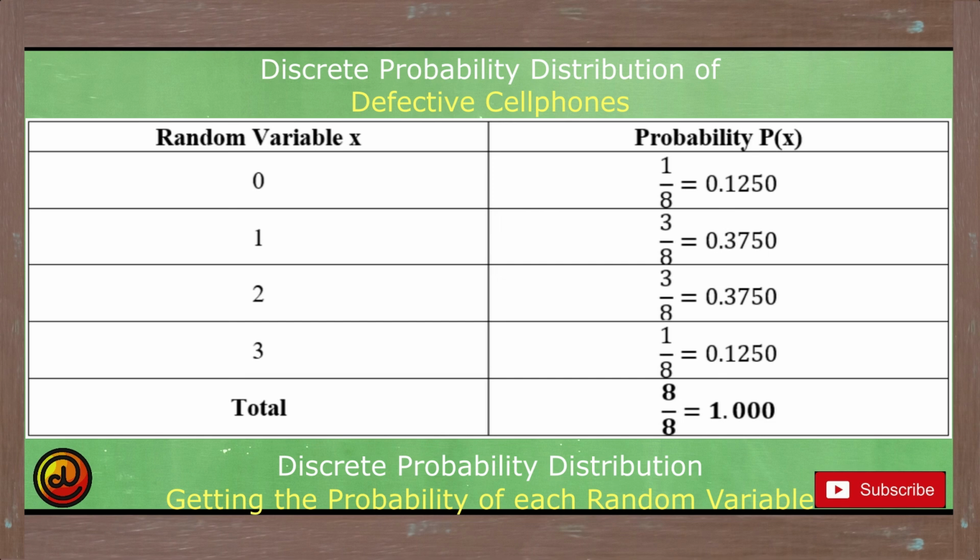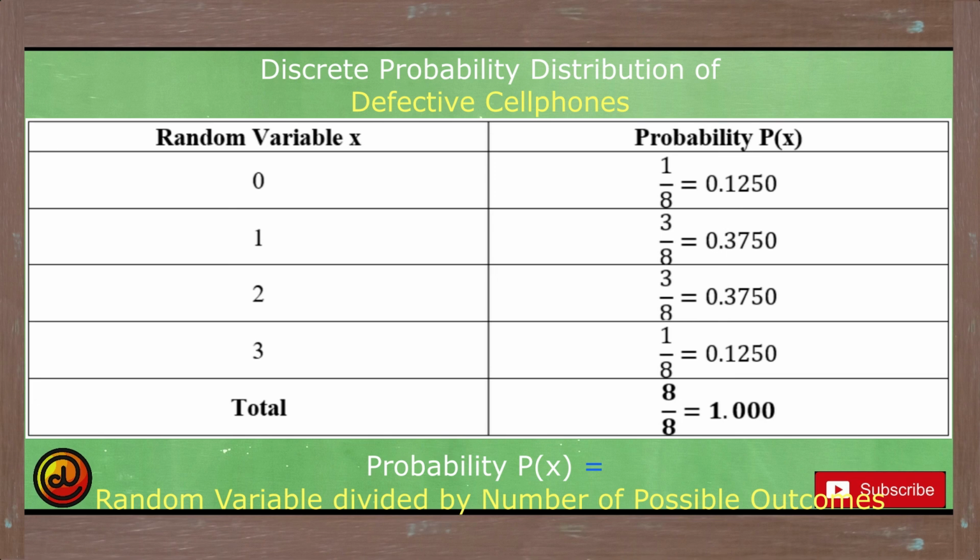The first column is what we call again the random variable X, defective cell phones. In our previous table, we can see that we have only 4 real numbers, and these are 0, 1, 2, and 3.